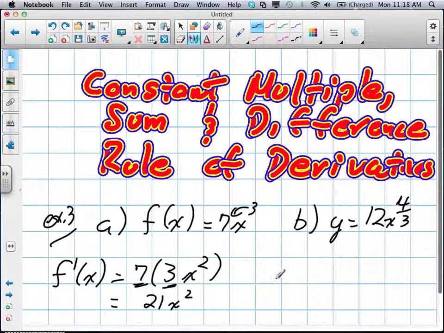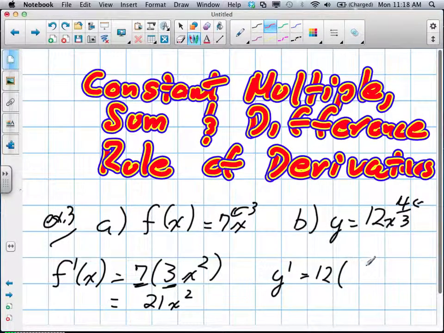Same idea with b, they want y prime. Remember I told you this can be written in different ways. Instead of using function notation, they're using graphing notation, so we're going to use y prime is equal to. Same idea, our constant multiple, our 12 comes to the outside, and we're going to derive x to the power of 4 over 3.